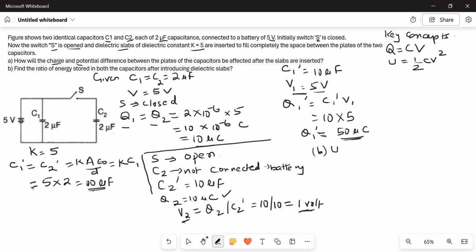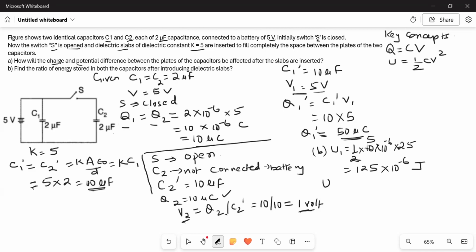So if U1 is the energy of the first capacitor, the value will be half C1, which is 10 microfarad, that is 10 into 10 to the power minus 6, into V squared, 5 squared is 25. We cancel this 2 with this, we get 5, or 125 into 10 to the power minus 6 joules.